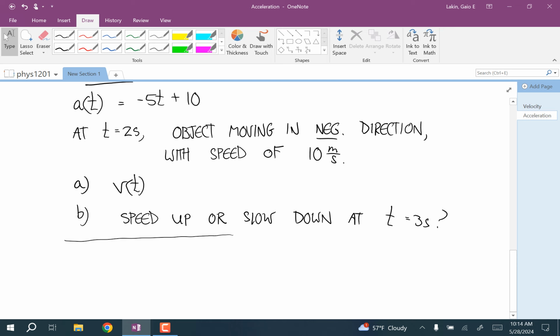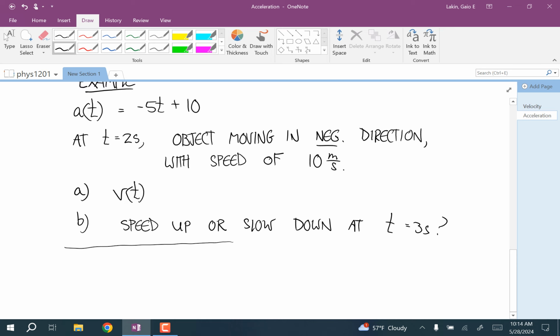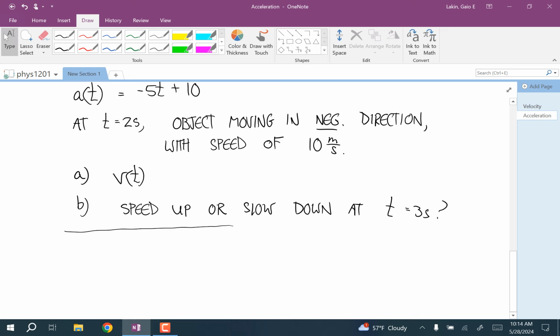Okay, well, the first thing we want to figure out is the velocity as a function of time. We can't just take the derivative of the acceleration to get the velocity, because that derivative relationship goes the other way.